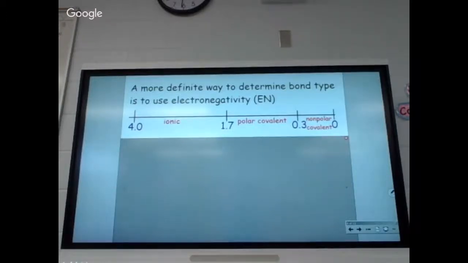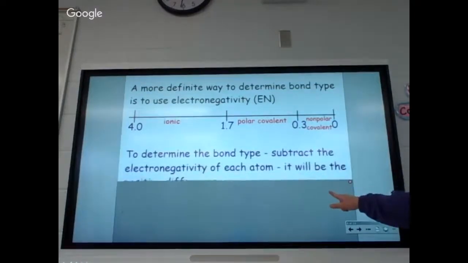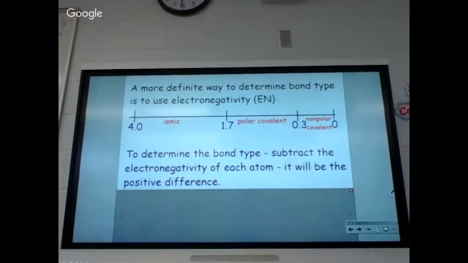Now, how do we use this scale? First of all, we do not draw on that table if we want to be able to use it on a quiz or a test, because if you do, I'm not going to let you use the table. Now, to determine bond type, we subtract the electronegativity of each atom, and it will be the positive difference. That's all we do.